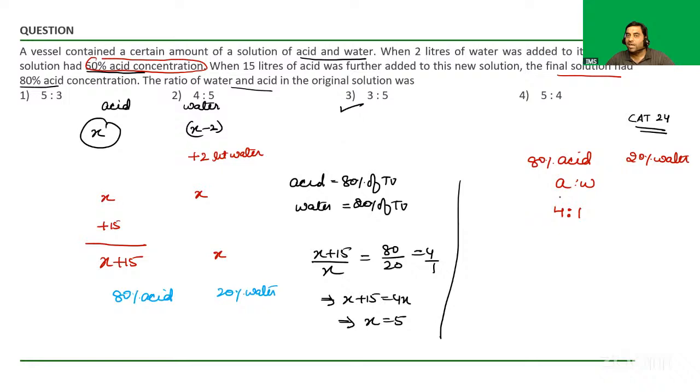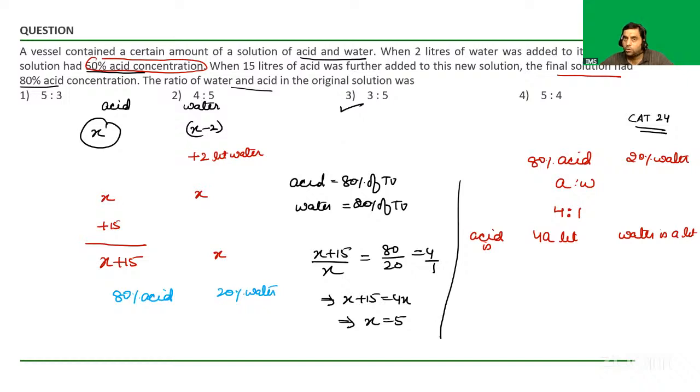That means finally, 4A is the volume of acid, acid is 4A liter while water is A liter. I need to calculate the value, but I can say if the final ratio is 4:1, it's going to be 4A liter and A liter. And this is when I have added 15 liter of acid.